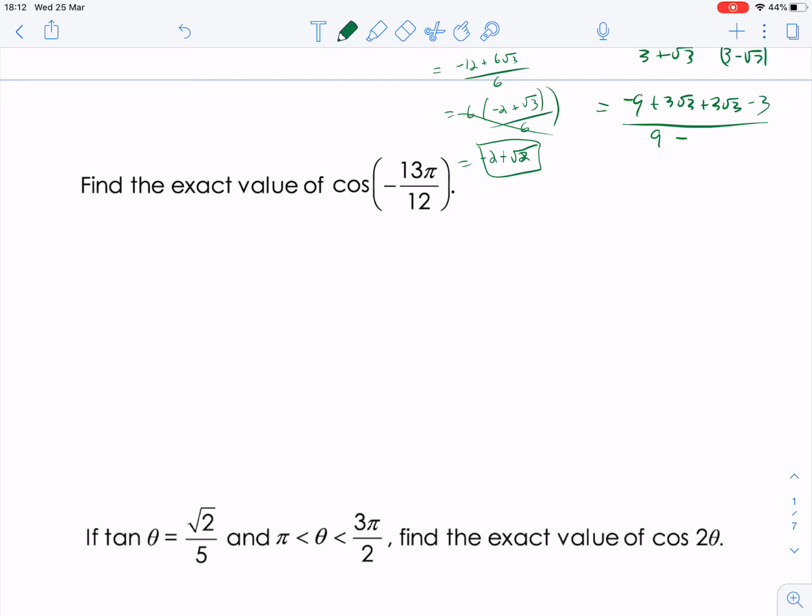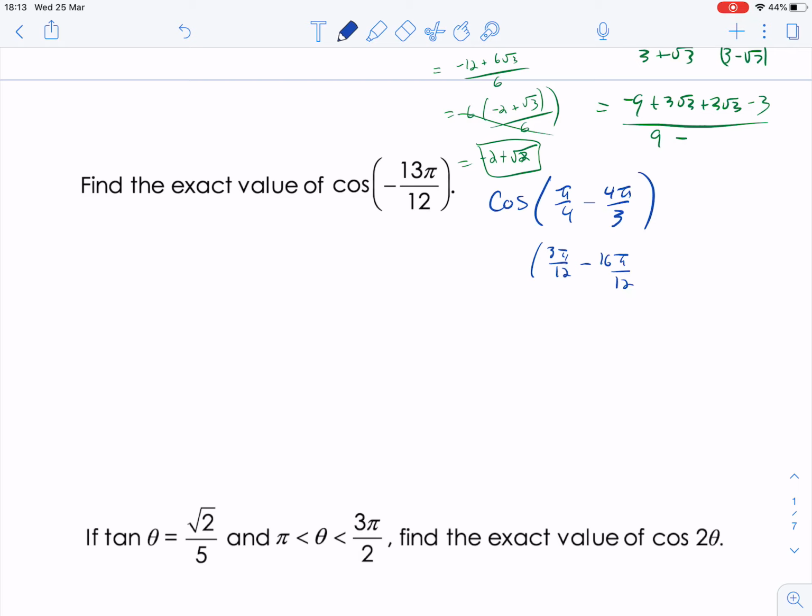Okay, cosine of negative 13 pi over 12. Let's break that into cosine of pi over 4 minus 4 pi over 3. Is that what it reduces to? Yeah, because that's going to be 3 pi over 12 minus 16 pi over 12, so that's going to be minus 13.